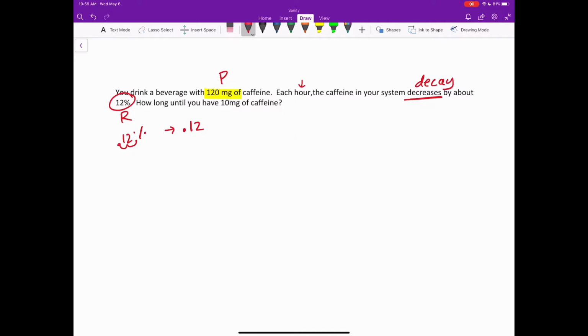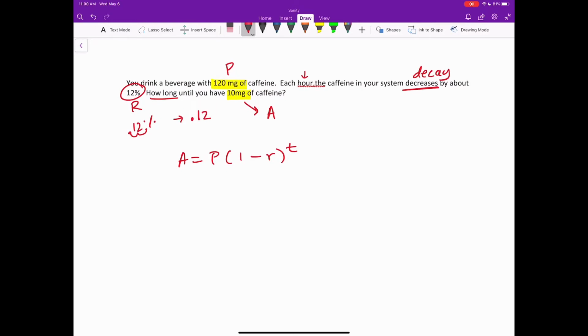How long until you have 10 milligrams of caffeine left in your system, all right? So that is our amount after some amount of time, and we're going to be trying to solve for time, right? How long? So I'm just going to write out that basic little 1 minus r. There we go. Now we can just start plugging in the pieces that we know.